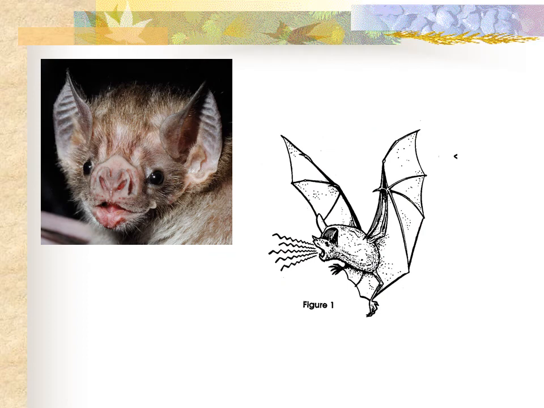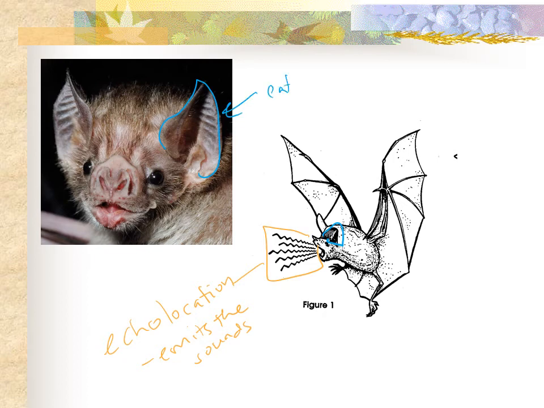Okay, now it doesn't really matter the order that you wrote these in, but hopefully you mentioned these high frequency sounds that the bat is making. Technically, that's called echolocation. So the bat emits the sounds, they bounce off the insects or whatever they're trying to catch, and then the bat also has these giant ears which allow them to act like catcher's mitts that catch the sounds, and they actually are finding and locating their prey that way.